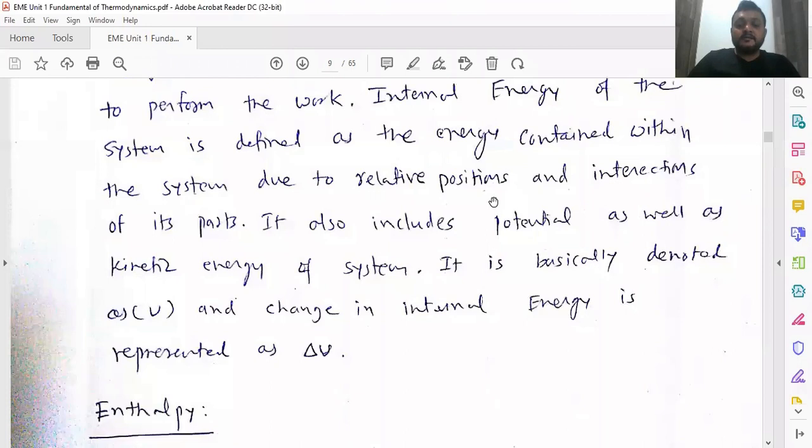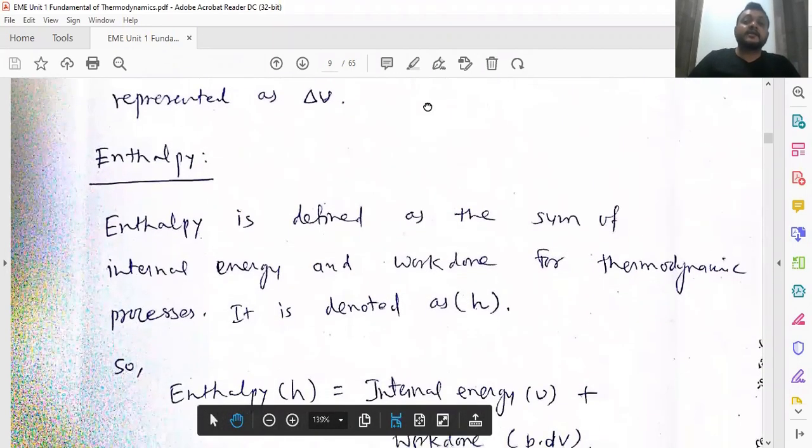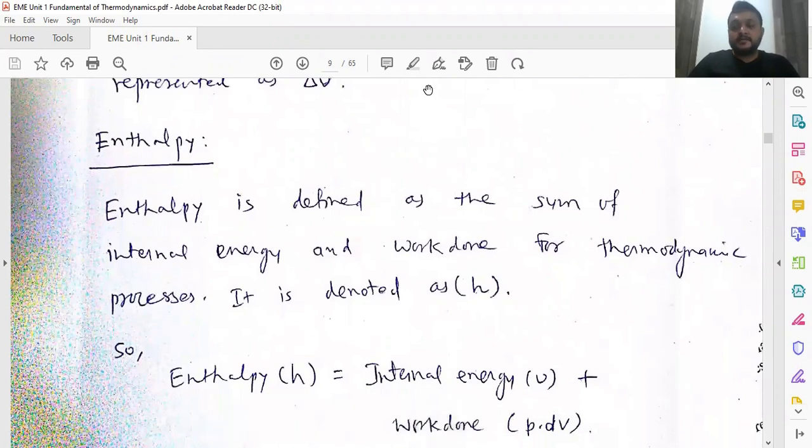Now why do we have to study this? Because we are more interested in enthalpy rather than internal energy. To understand enthalpy, we must know about internal energy, because enthalpy is defined as the sum of internal energy plus work done. We have already studied the thermodynamic engine: we supply heat into the thermodynamic engine and work is done.